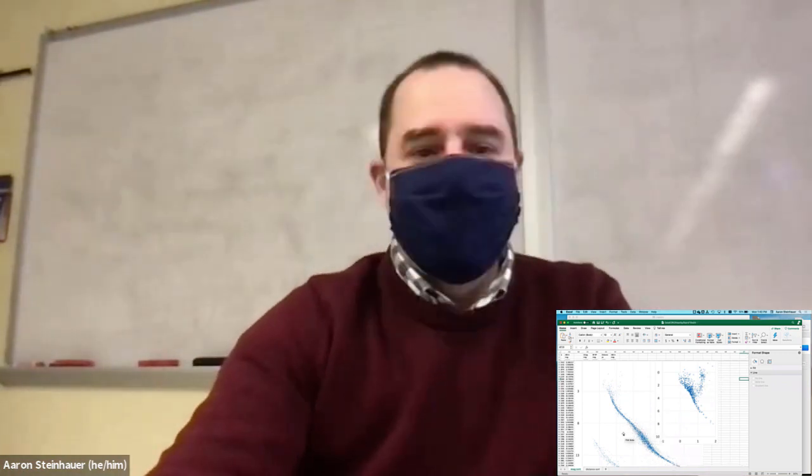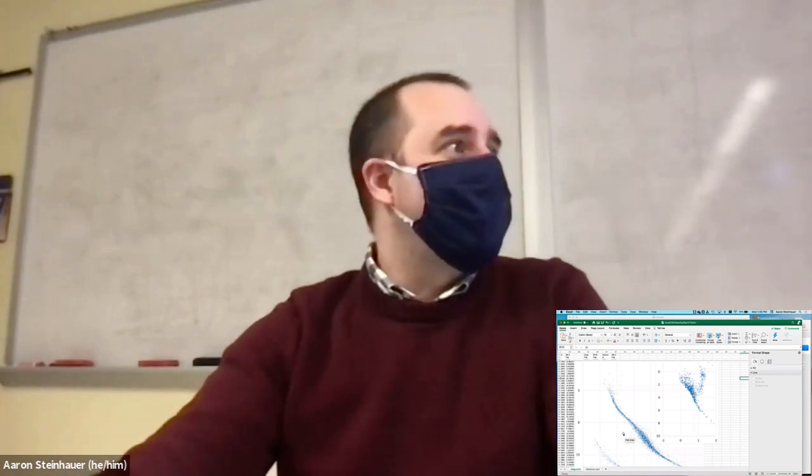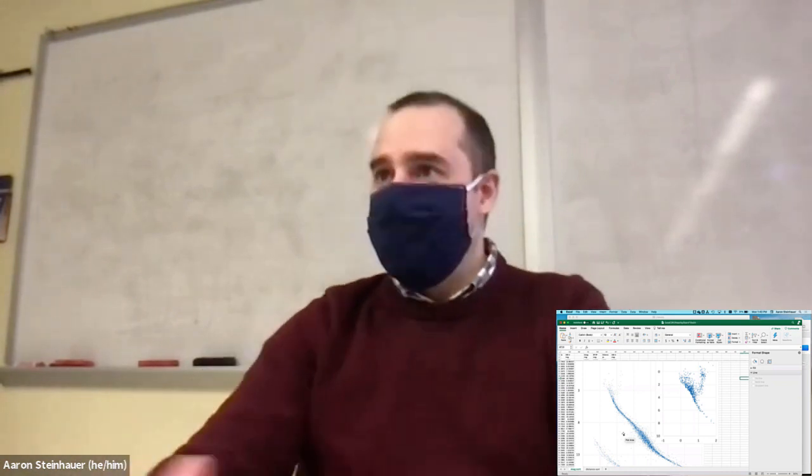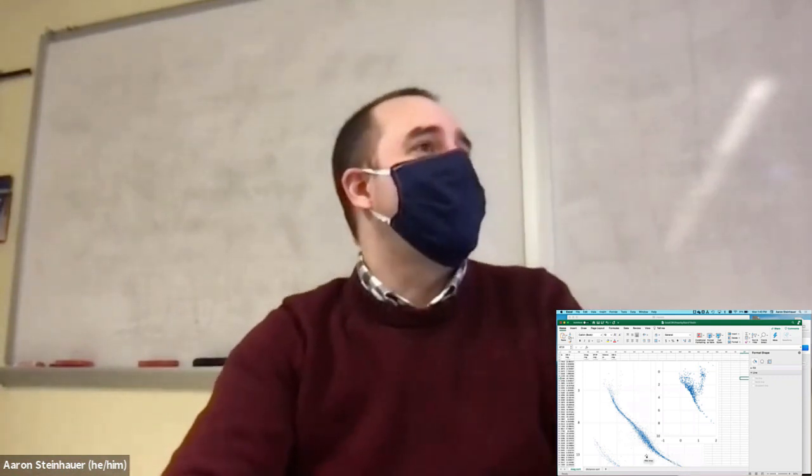So this is actually a useful exercise to see what real HR diagrams look like, but it's also a useful exercise in understanding the importance of surveys and what it means to be a magnitude limited survey, meaning a brightness limited survey, versus a volume limited survey. These are much more important surveys, but they're much harder to do if you want a real census of everything that's out there.